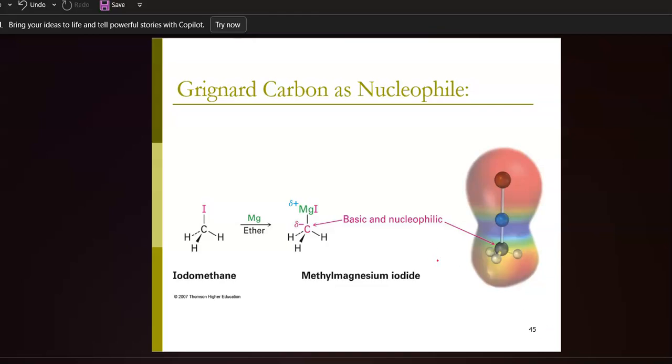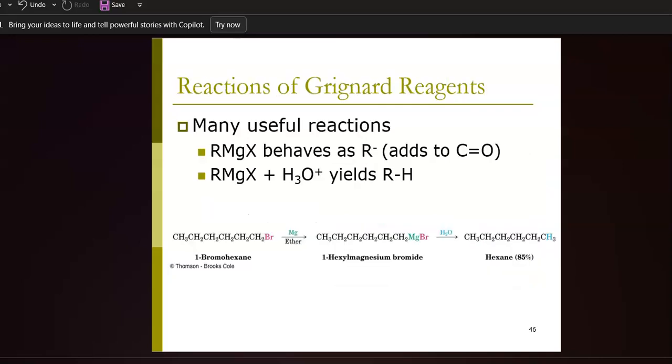This is an example again showing the really basic and nucleophilic nature of the carbon atom in the Grignard's reagent, which can act as a nucleophile and as a base. Here, the Grignard's reagent is the one I have circled, and here we have a proton source, which is water.